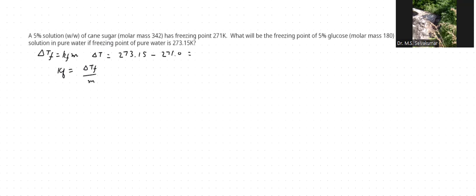So molality is the weight of the solute divided by the molecular weight of the solute. So that this will give you the number of moles. If this much of mole is present in this much of solvent, so this is the weight of the solute, this is the weight of the solvent, what would be the number of moles present in 1000 gram?